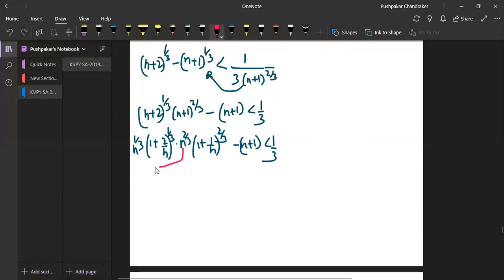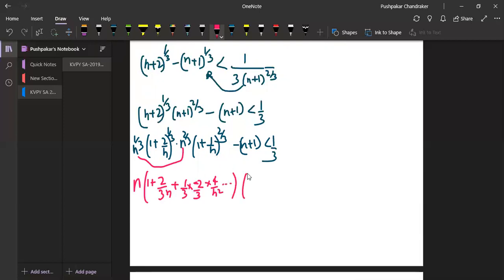Okay, so these two will club and become n power 1, because 1 by 3 plus 2 by 3 is 1. Base is same, no? Powers will get added. And expand using the binomial theorem for fractional power. So you'll get 1 plus 2 by 3n, because 1 by 3 will come up, plus next term only 1 by 3 into minus 2 by 3 into 4 by n square. For that term you don't have to write.